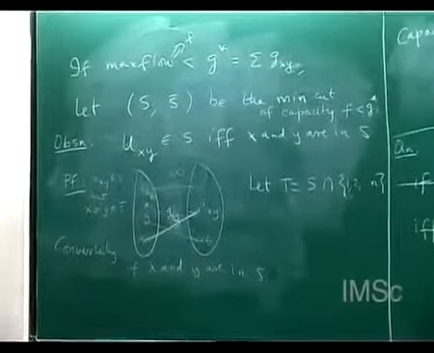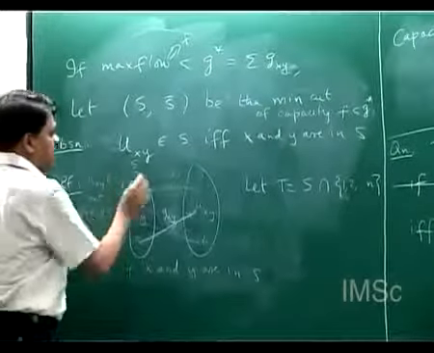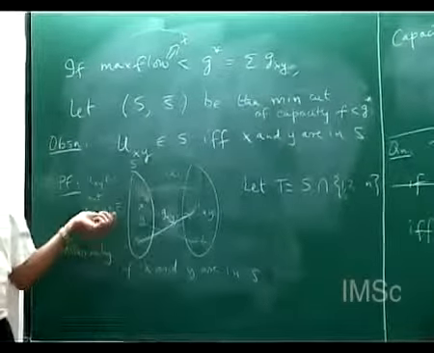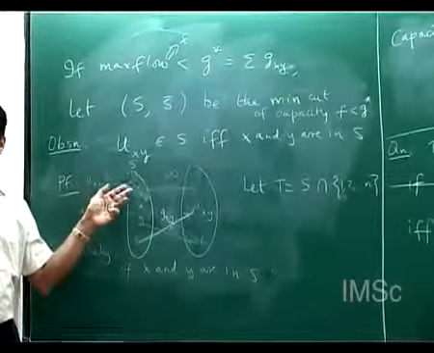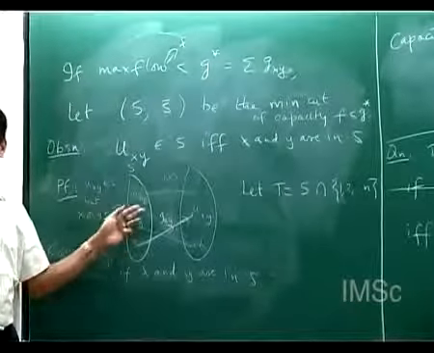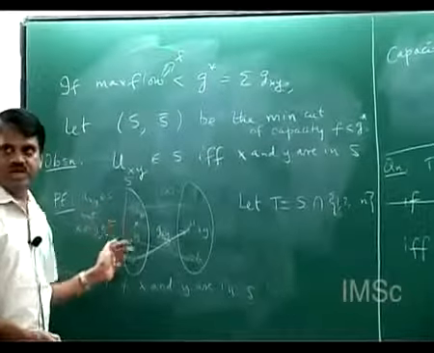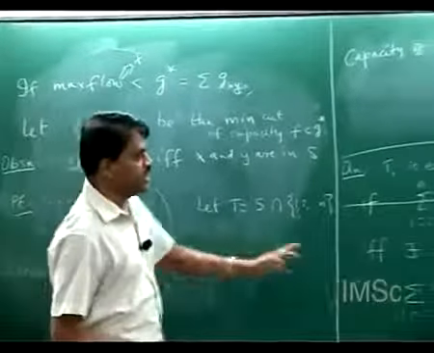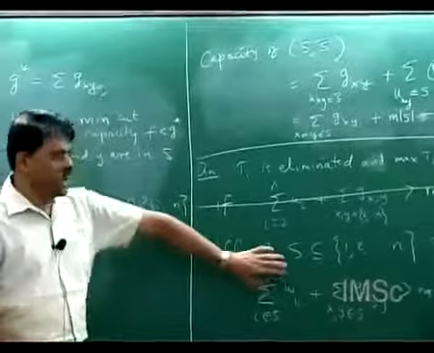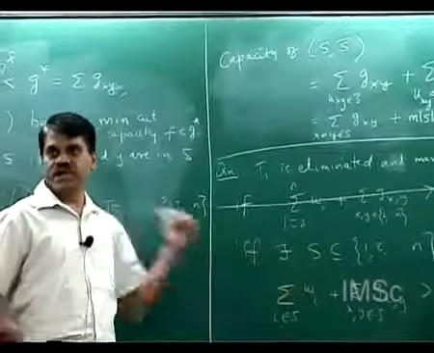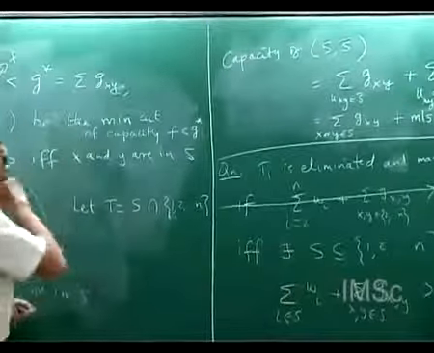In this S, I have vertices that correspond to pairs of teams, and then there are vertices corresponding to teams. I will pick only those corresponding to the teams, that is going to be my final T here. I have to exhibit a subset of teams, and that is going to be these teams.